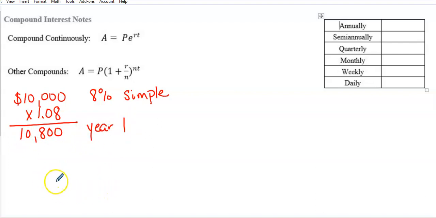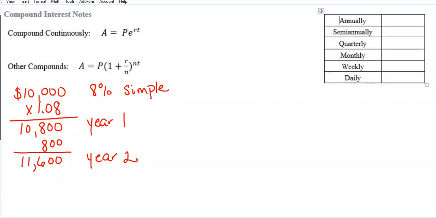And then at the end of year 2, they will do the same thing. They will go back up here, and they will multiply the original amount times 1.08, and they will add another $800 to the amount that you have in there. So this is how much you have at the end of year 2.